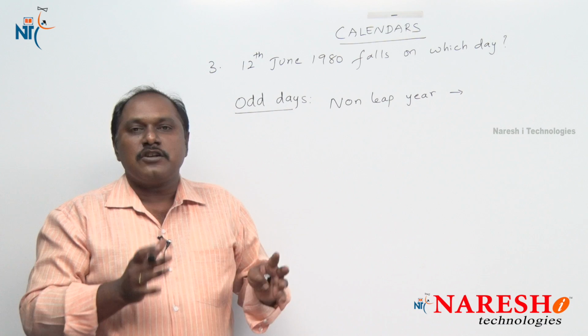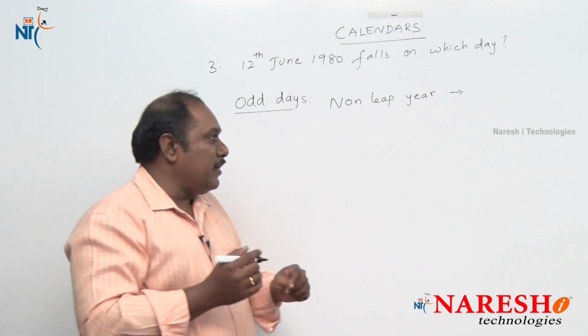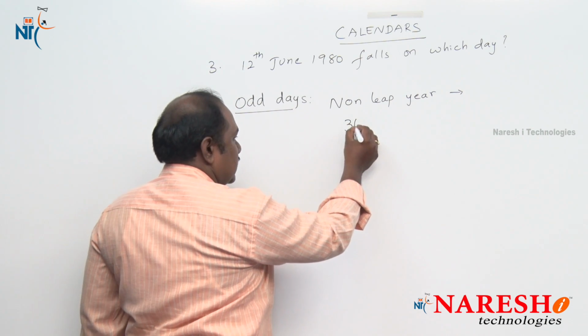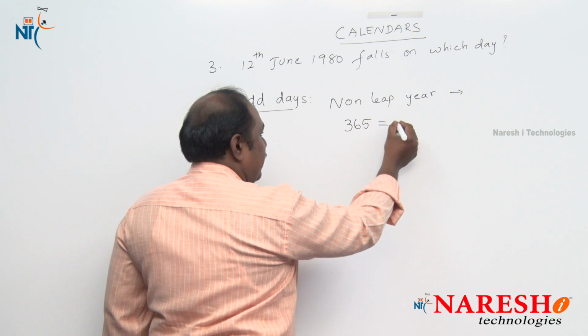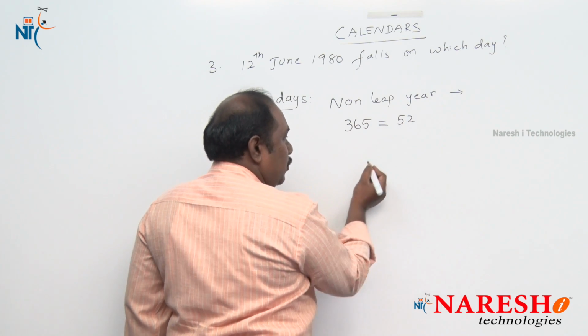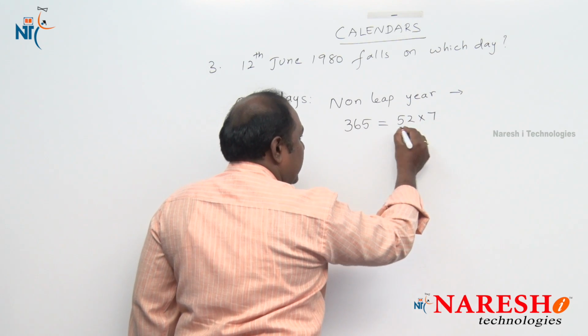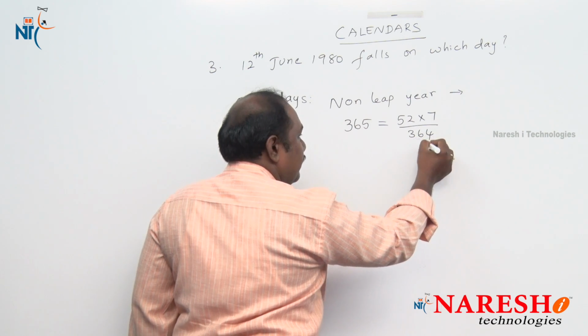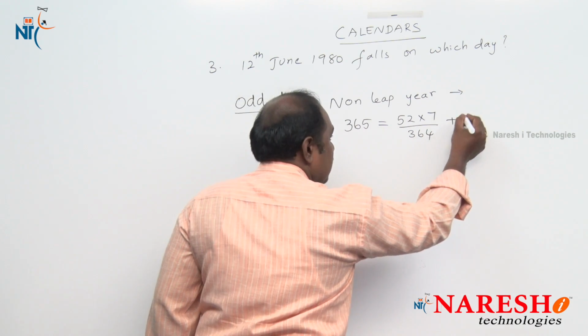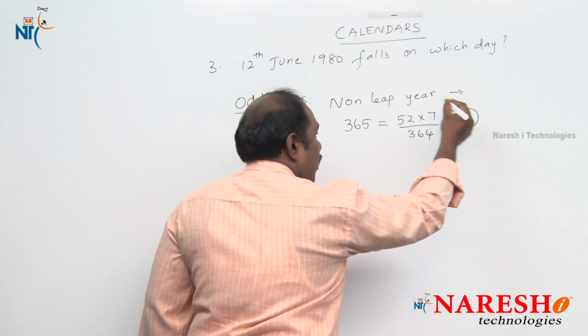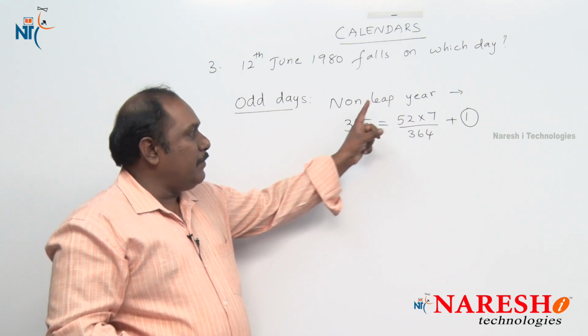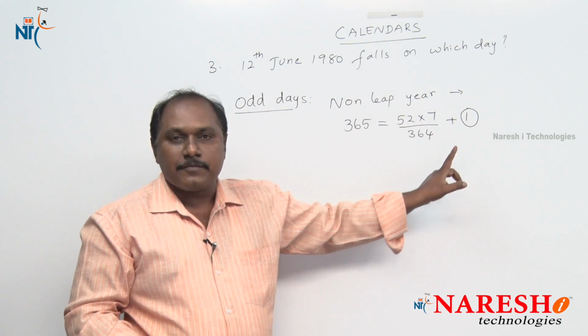A non-leap year has 365 days. In these 365 days, we have 52 weeks, and 52 weeks make 364 days plus 1. This is the odd day. So, a non-leap year has 1 odd day.